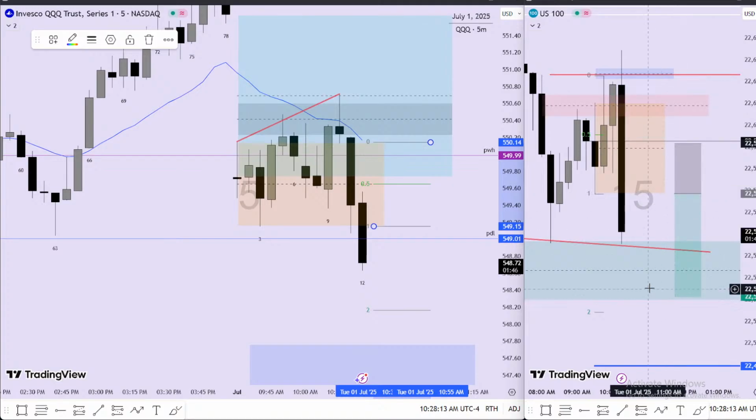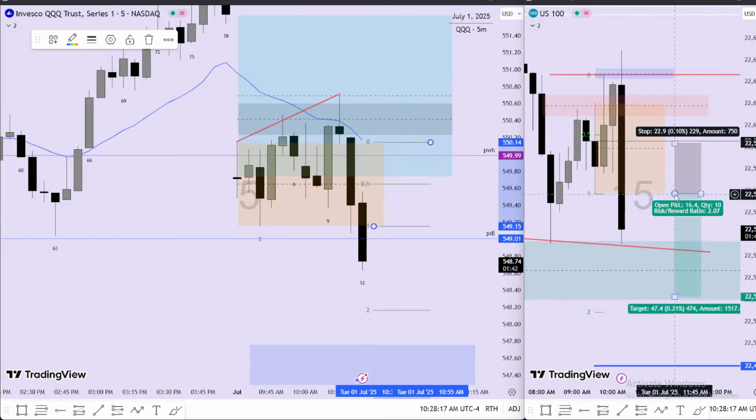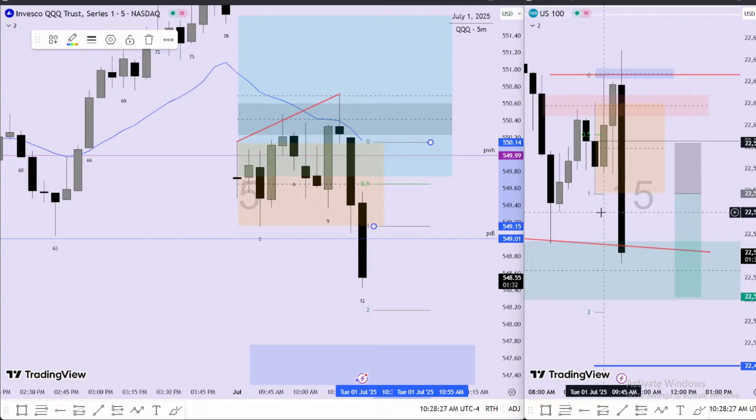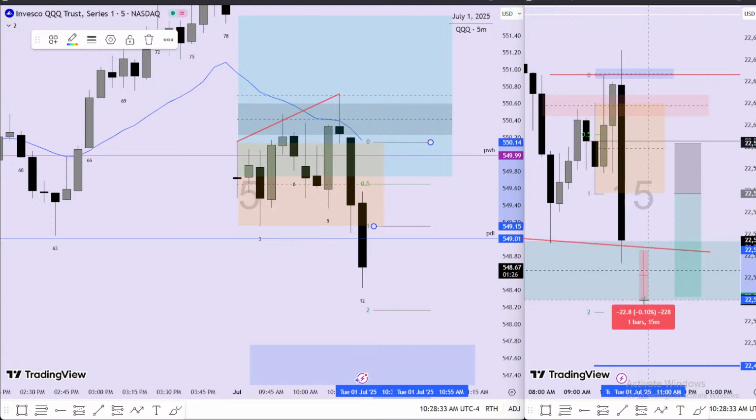If we go for the whole target, that would be 521, filling the whole gap. We're about to fill the gap. 20 more points.